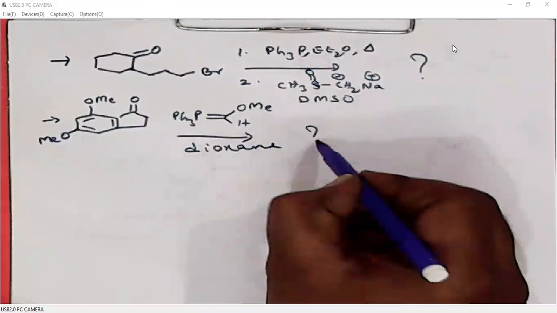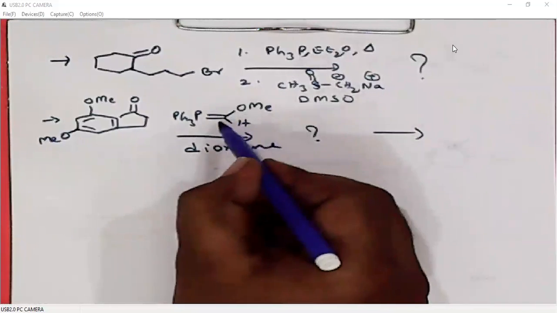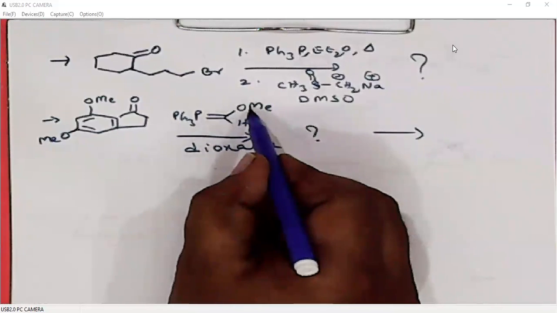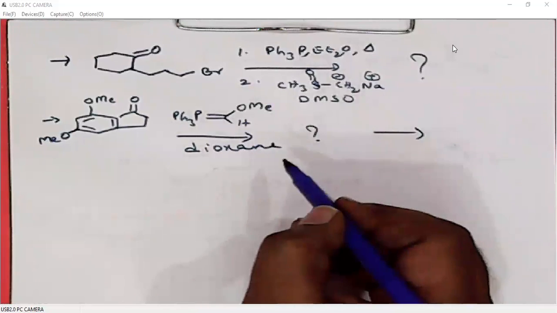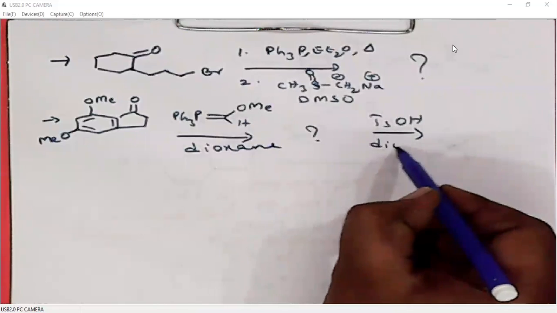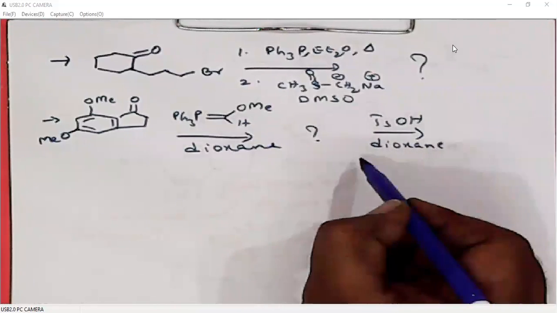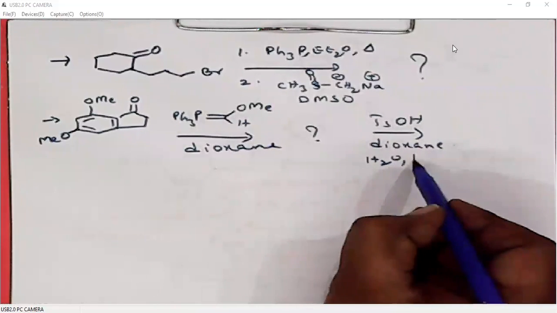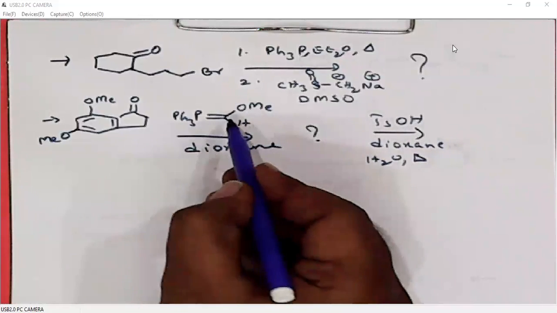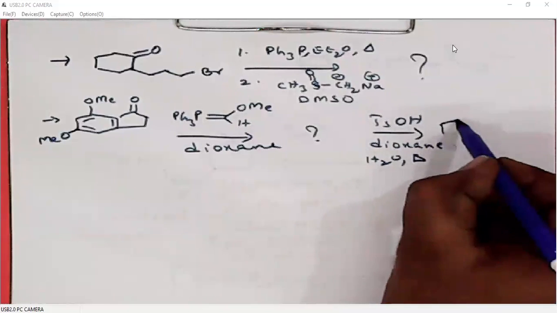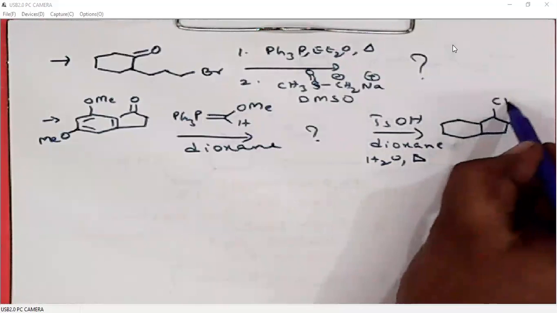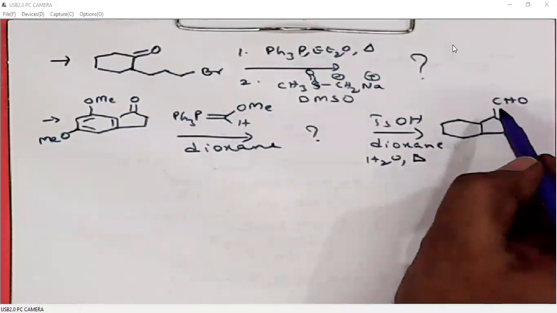Write the product, because we have an enol ether. We can hydrolyze this in the next step. When we hydrolyze this, we will get an aldehyde. So this is the product.